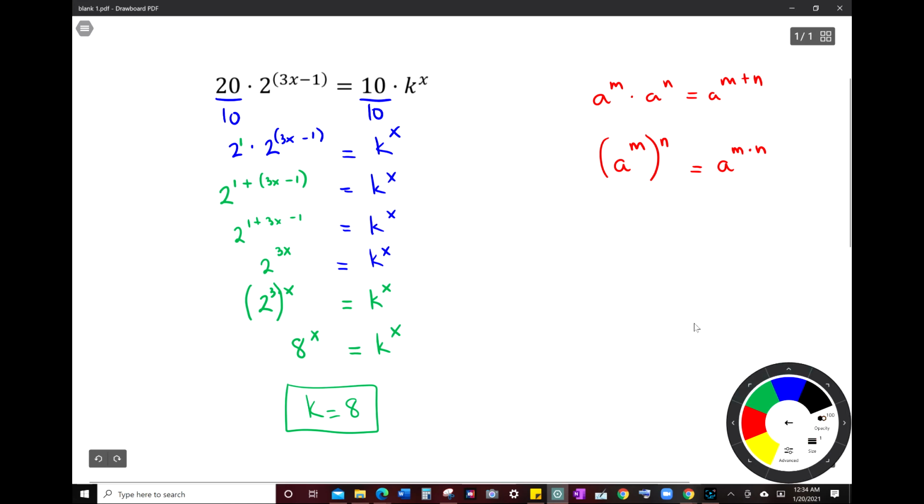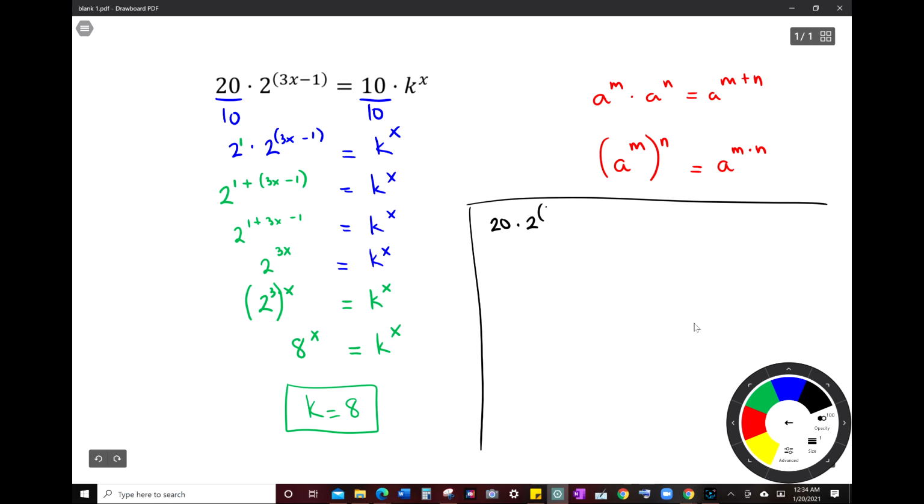So then on the side, I try to double check it. So I have 20 times 2 raised to 3x minus 1 equals 10 times 8 raised to the x power. Okay. And then now I will have 20 times 2 raised to the 3x times 2 raised to negative 1 equals 10 times 8 raised to x.